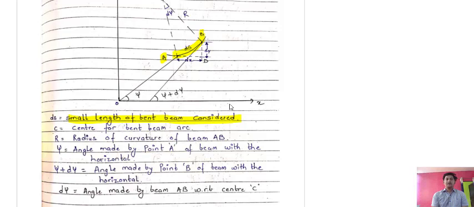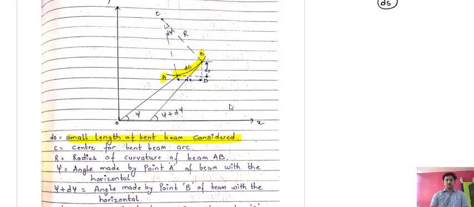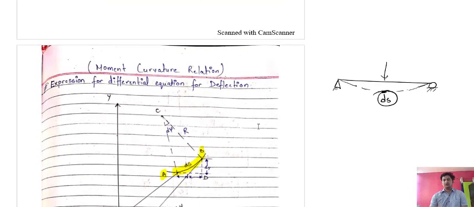And R is the radius of curvature of the beam. Radius of curvature means, suppose it is meeting somewhere here, that is point C, the center of the beam. When we are talking about this small part, this is the radius of curvature. It will make an angle because it is bending.